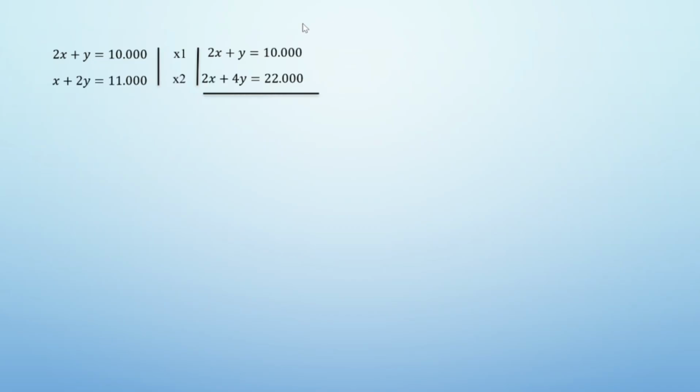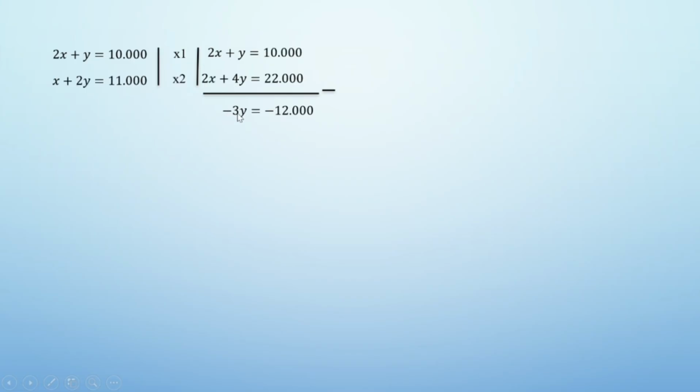Now, we subtract the first equation from the second equation to eliminate the x. 2x minus 2x is 0. Then, for 4y minus y is 3y. But because the first equation is subtracted, we put the 3 in negative.